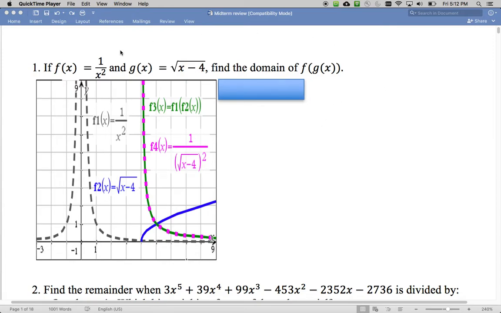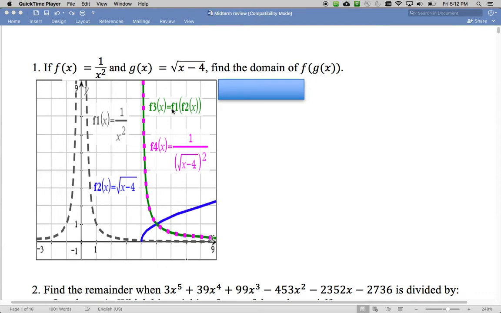The first problem is you have two different functions and you want to find the domain of the composite of f of g of x. What I did is I graphed f of x and I graphed g of x. There are two different ways you can graph the composite.